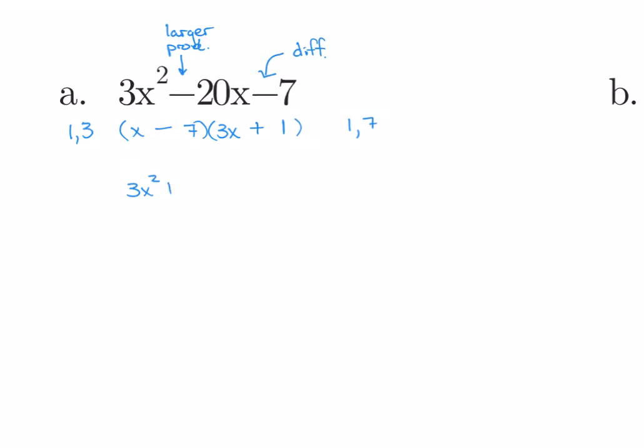Outsides, we get x times 1 is 1x, or x. Insides, -7 times 3x is -21x. And lasts, -7 times +1 is -7. This does combine to -20x. And so we are good.